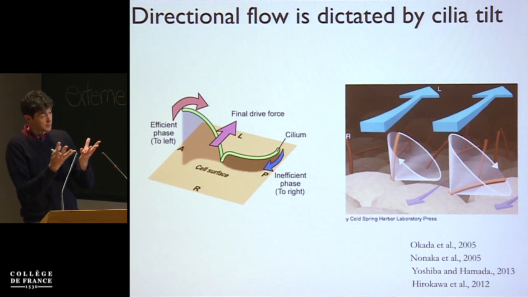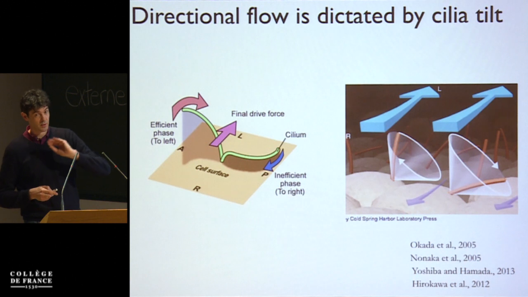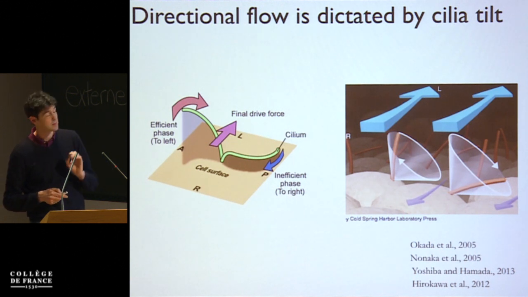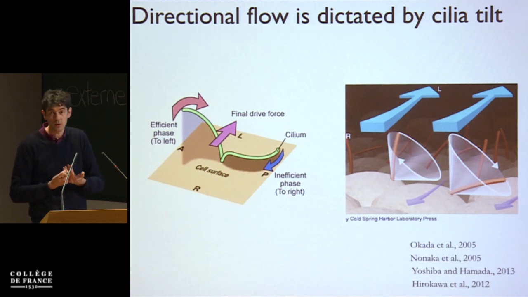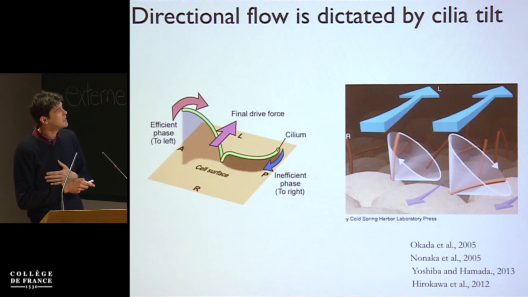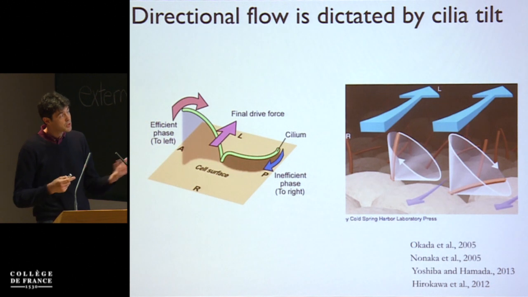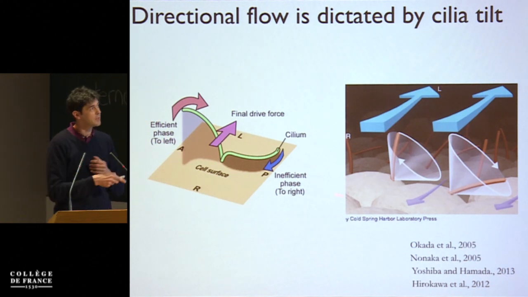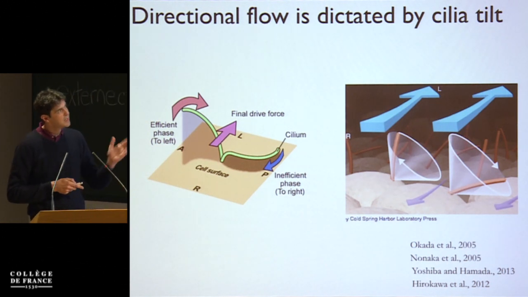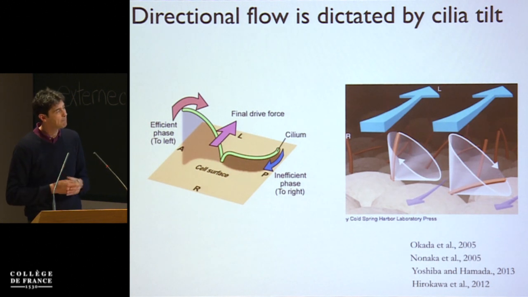Just for making you understand how this flow is generated, because this is really the initial symmetry breaking event. It's based on the fact that the cilia are asymmetrically positioned on the cell along the anteroposterior side, and through the PCP signaling pathway, this asymmetry of position is mediated.